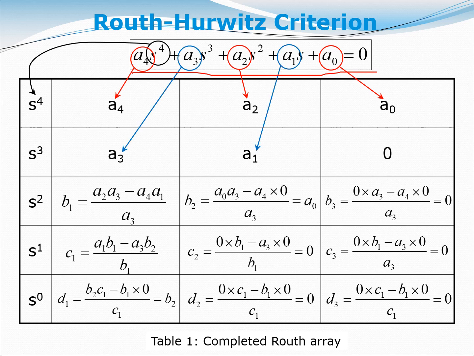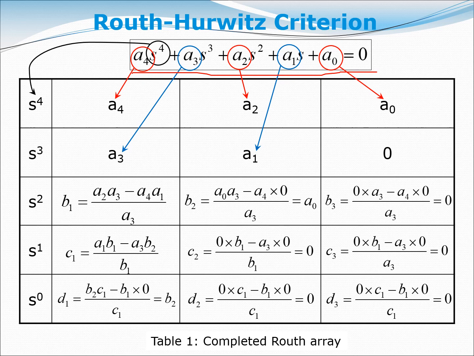Then the second row is the odd terms, starting with a3, then a1, then 0, because if there are no more numbers in the characteristic equation, you just put 0. We have already completed these two rows, and we obtain the values from the characteristic equation.